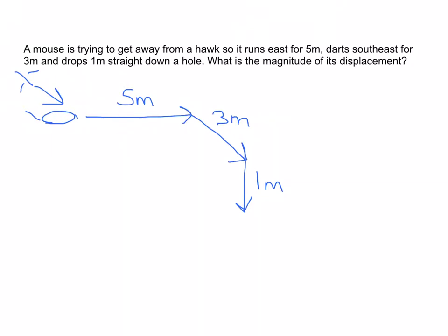So this angle here, if I were to extend it, this theta would be equal to 45 degrees. And this, of course, is 180 degrees down right here. So this angle is 90 right here.